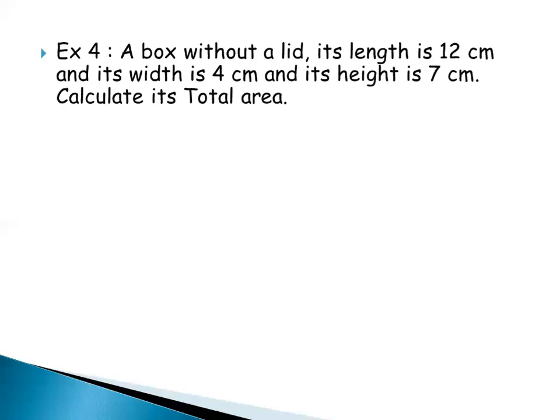Exercise 4. A box without the lid. Its length is 12 centimeter and its width is 4 centimeter and its height is 7 centimeter. Calculate its total area. He needs here the total area only, but to get the total area, I need the lateral area.